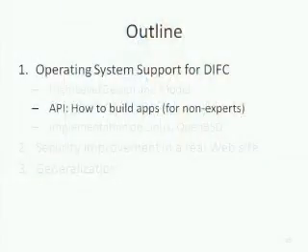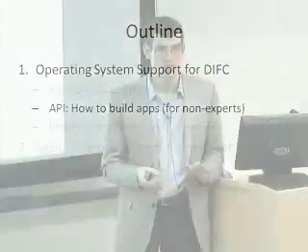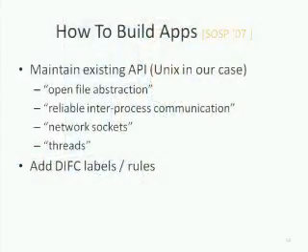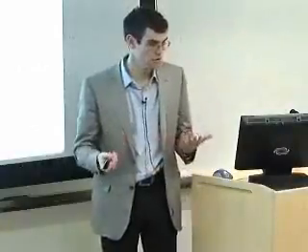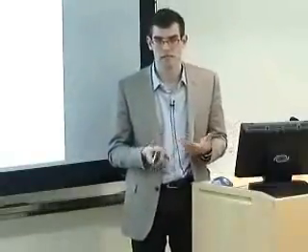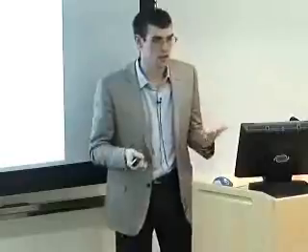OK, so now let's focus a little on what the right API is for exposing to these applications. We've already touched on it a little bit. If you were to go build a real OS using this model, what would be the first thing you'd do? Probably you'd stick with a regular operating system like Unix and try to maintain as much as possible the existing API, things like files, reliable IPC, and network sockets, and then add these label rules onto them.